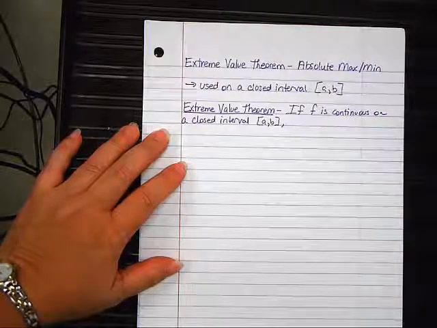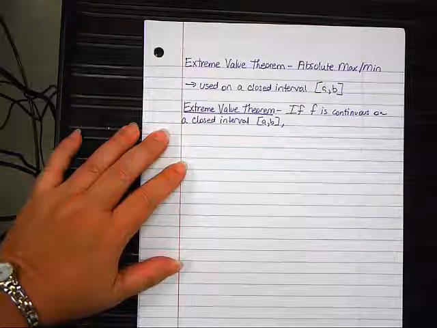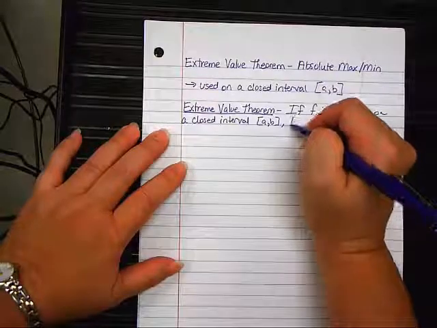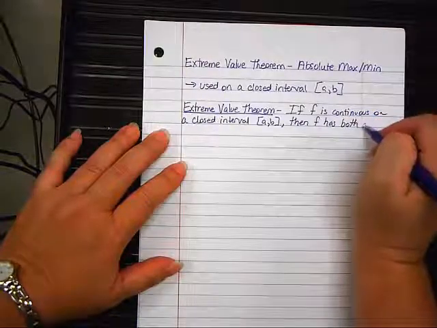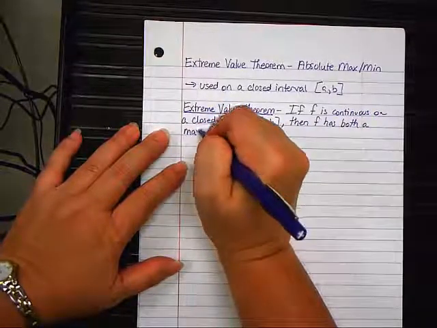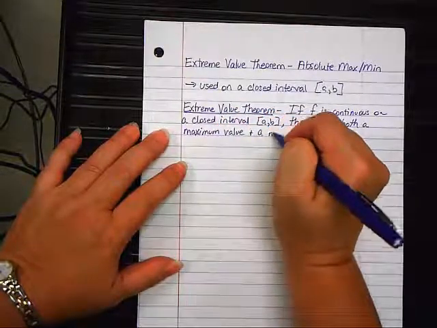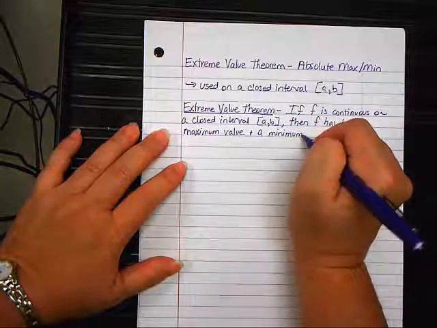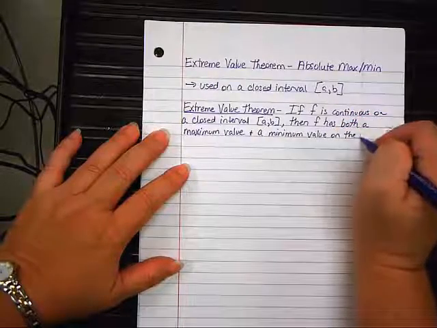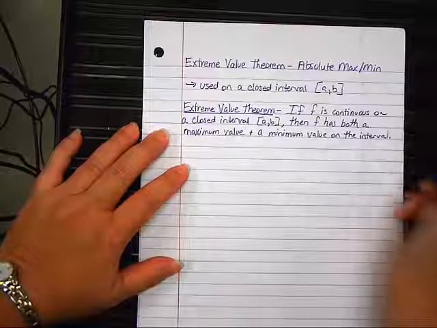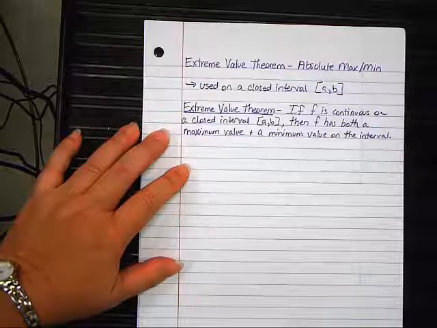If f is continuous on a closed interval from A to B, then f has both a maximum value and a minimum value on the interval.